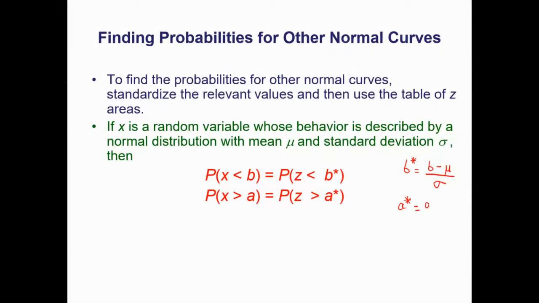You take a, subtract the mean from it, and divide by the standard deviation. And then the probability that x is between a and b is the probability that z is between a star and b star.